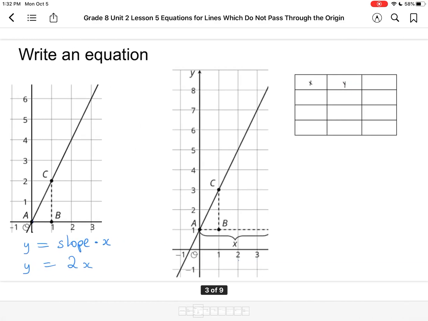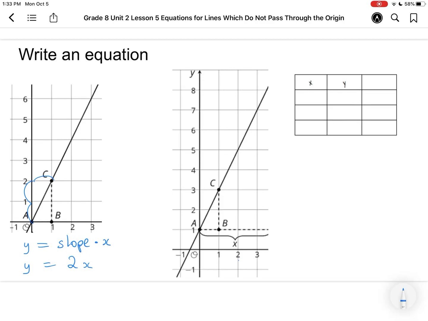So on the left-hand side, we see an equation we wrote in a previous lesson where we had this triangle ABC with a slope of 2 because the vertical increase was 2 here and the horizontal increase was 1. So we had y equals 2x. And now we have that same triangle in the right-hand graph, ABC, moved up one box on the graph.